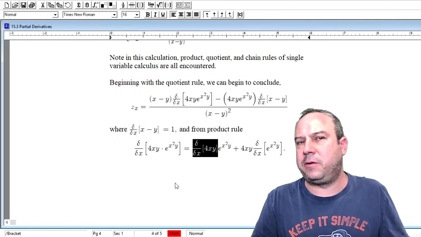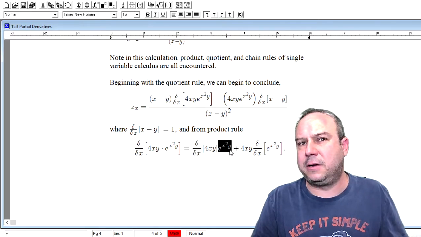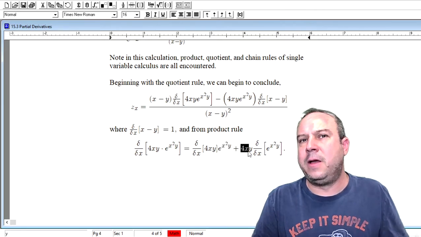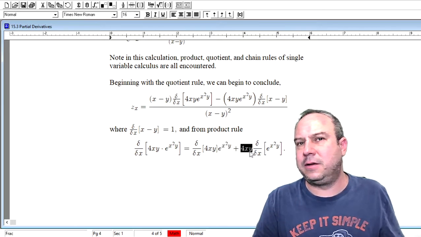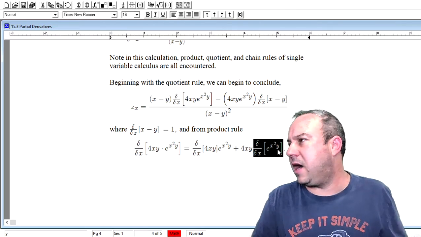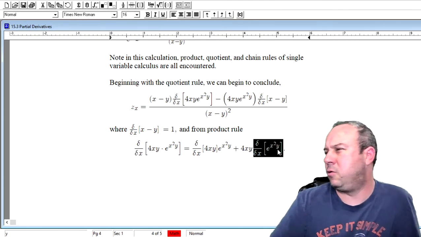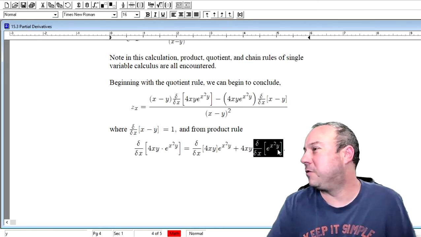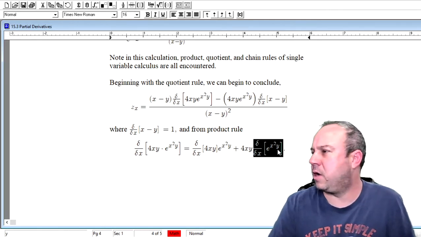That's going to play a role right here in my product rule. That'll be multiplied by my second factor, e to the x squared y, plus my first factor times the derivative of the second. Now, for e to the x squared y, there's really no way to break that into a product of two quantities. Well, there is, but nothing we want to get too heavy into in that exponential.